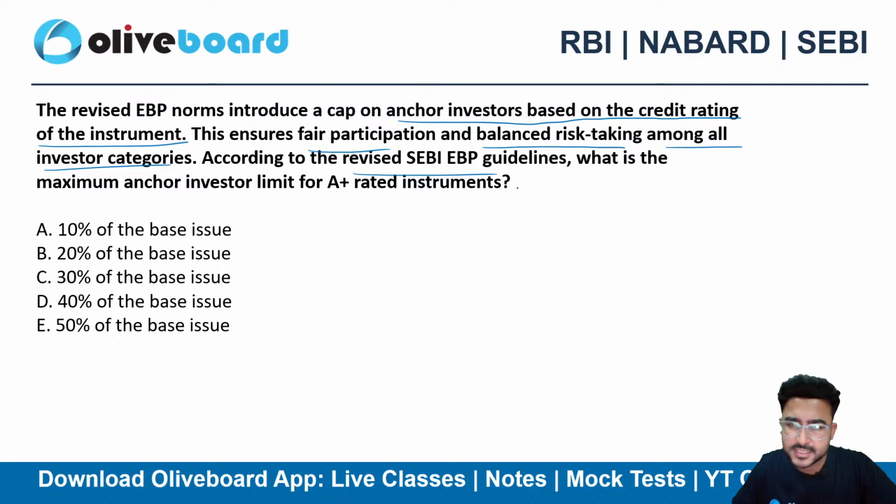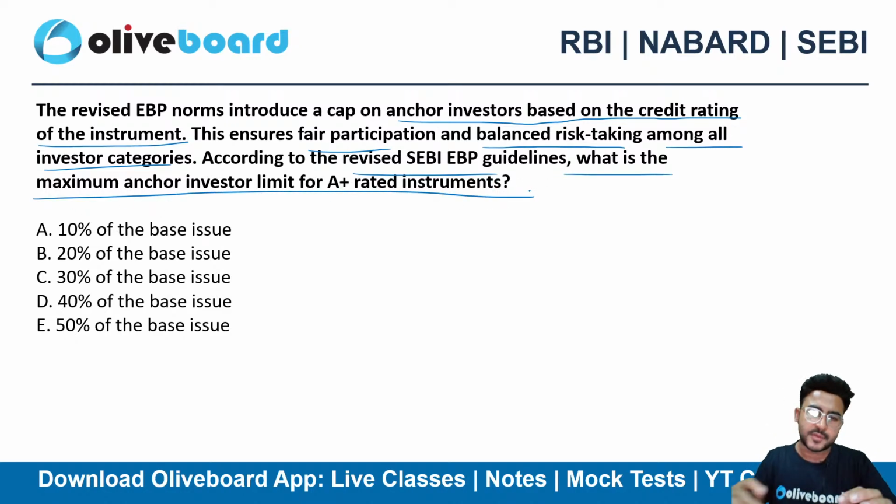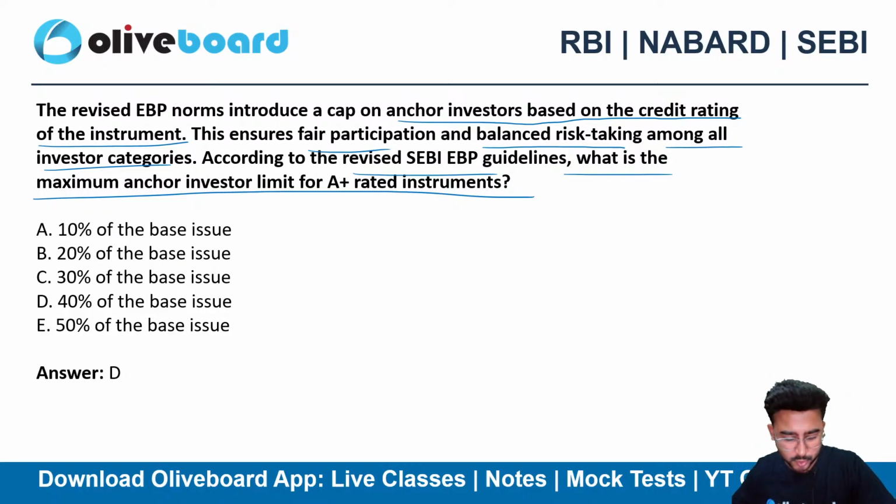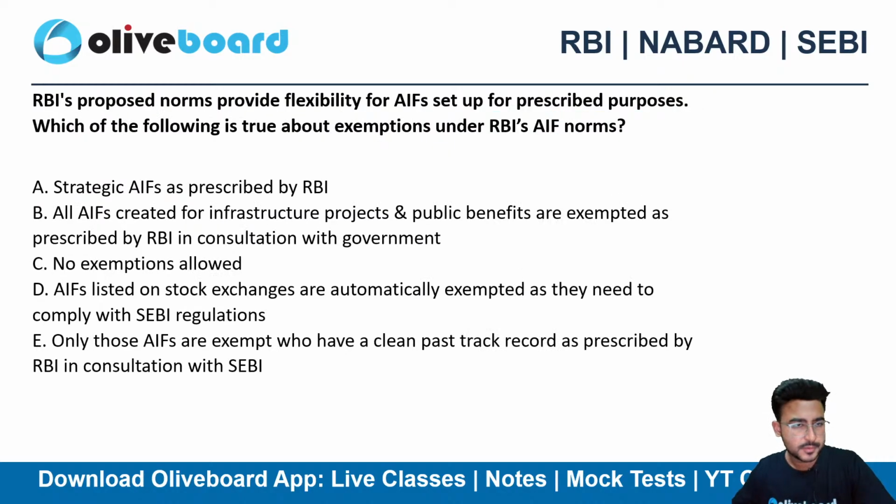According to the revised SEBI EBP guidelines, what is the maximum anchor investor limit for A+ rated instrument? The correct choice here is option D, 40% of the base issue. Okay, 40% of the base issue.